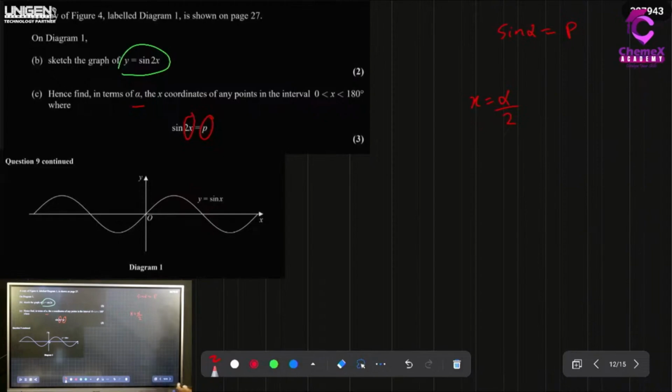So if x is alpha over 2, what can you take? You know that you can write the equation as sine 180 minus alpha over 2. So it's going to be sine 90 minus alpha over 2.